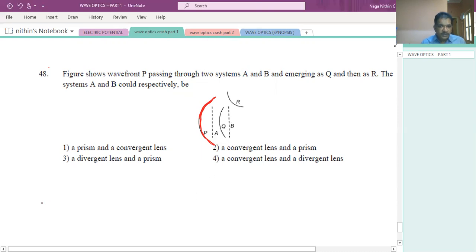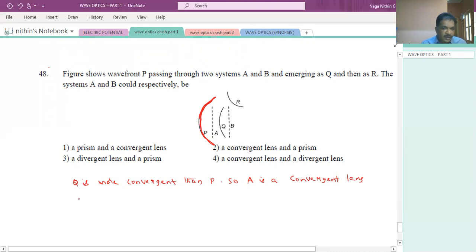So Q is more convergent than P. So A is a convergent lens.